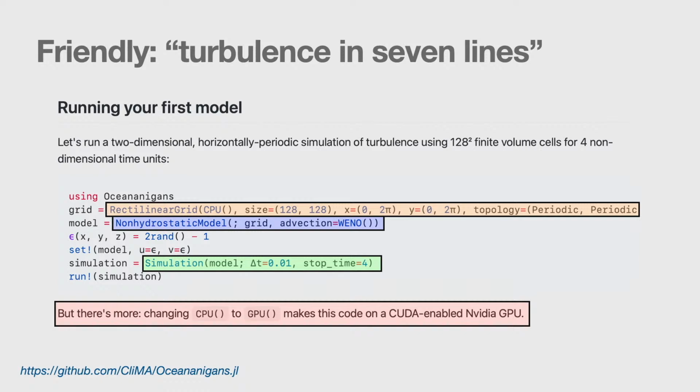Okay, so the nicest thing of Oceananigans, I think, is that it is super easy to run on different architectures. By just changing that argument there in the grid, that CPU argument to GPU, this whole code, without changing anything, would run on CUDA-enabled GPUs.